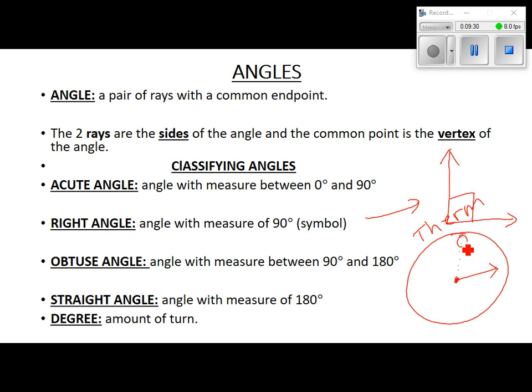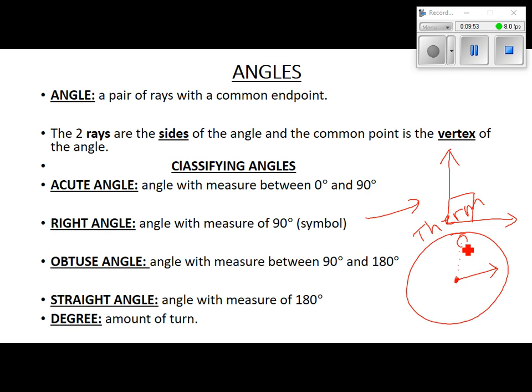30. So in between any two numbers on that clock is about 30 degrees. So looking right now, could we guess about what the angle is right there? From 11 to 12, how many degrees? 30. And from the 11 to the 1, 60.